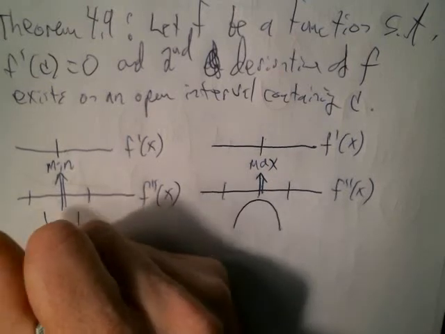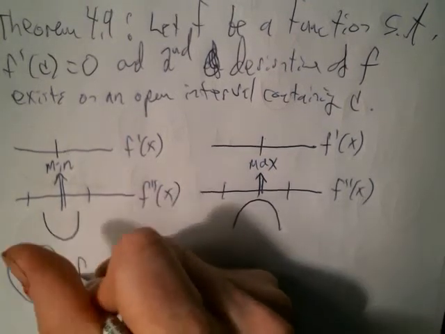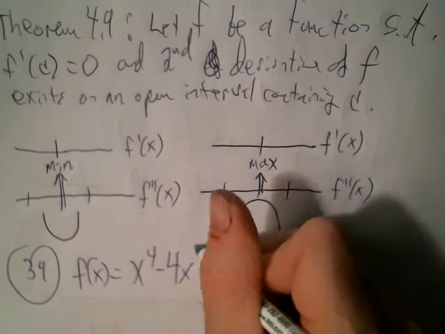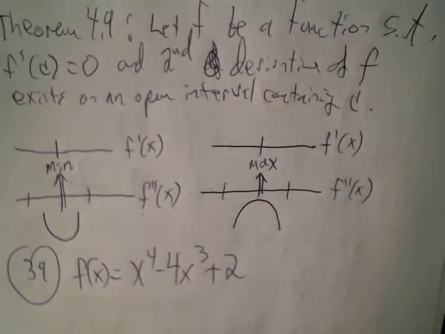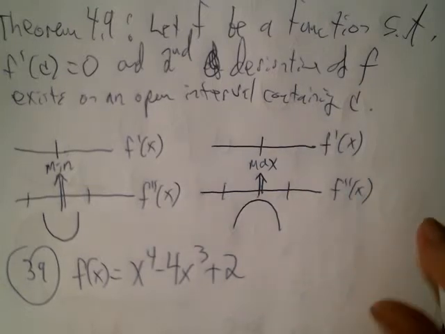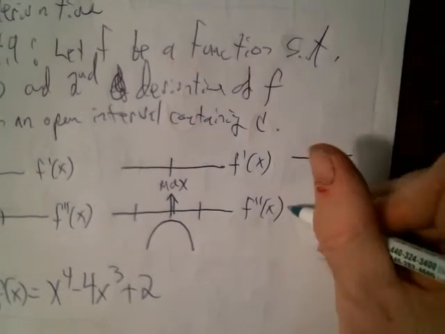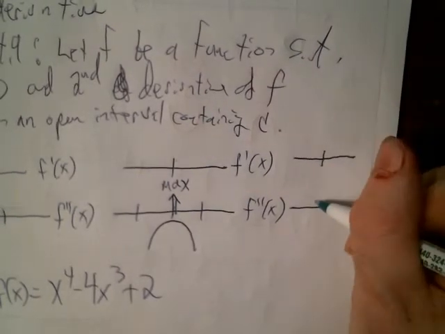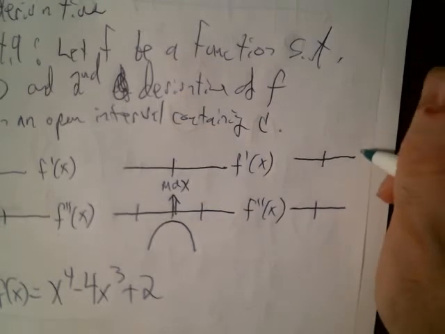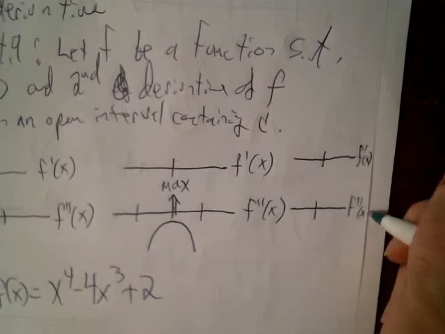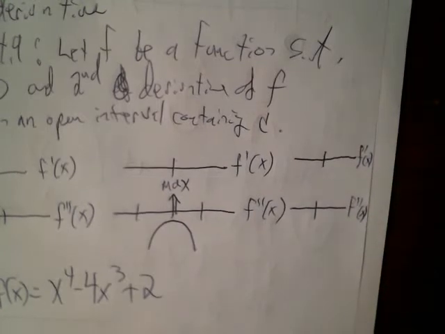So problem 39, we have f of x equaling x to the fourth minus 4x cubed plus 2. One thing that should be noted is if the derivative and the second derivative are both 0, in other words, you have a critical value and then an inflection point, then there's really nothing you can do, except do the first derivative test.